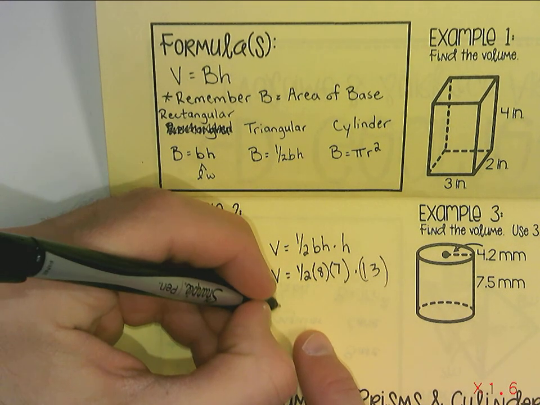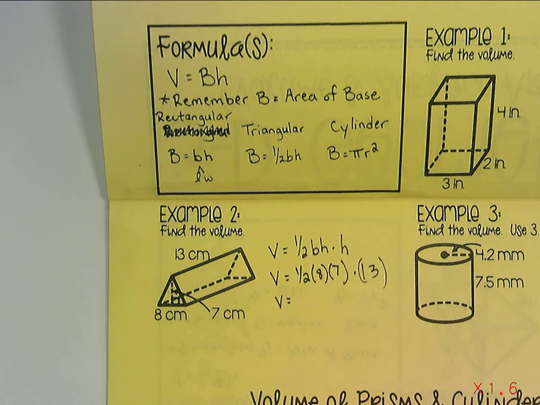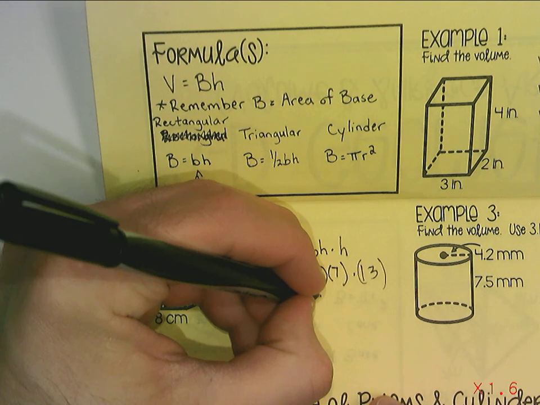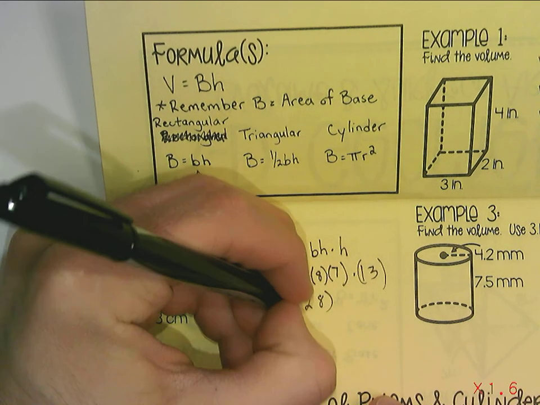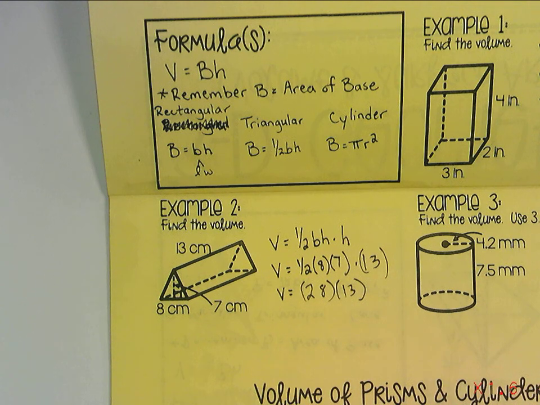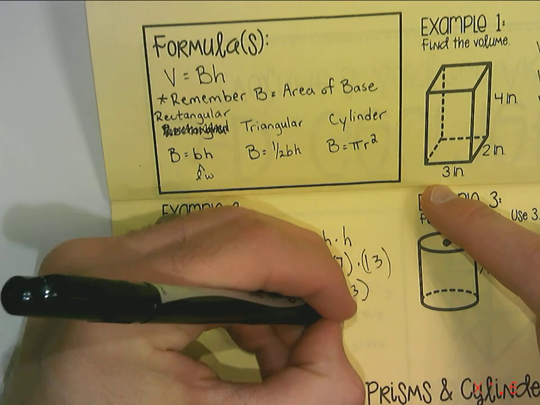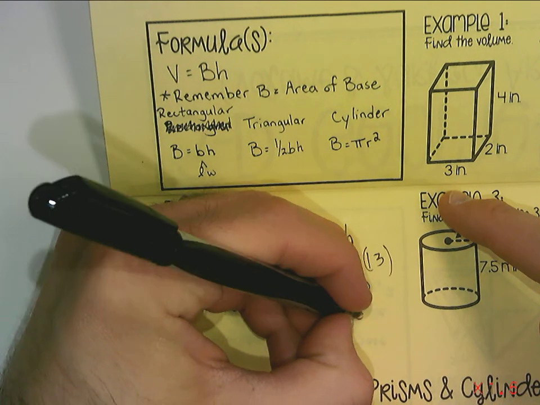And we just have to carry out some order of operations here. 8 times 7 is 56. And then if I do that times a half, using a calculator is completely fine on this, we would have 28 times 13 equals 364 centimeters cubed.